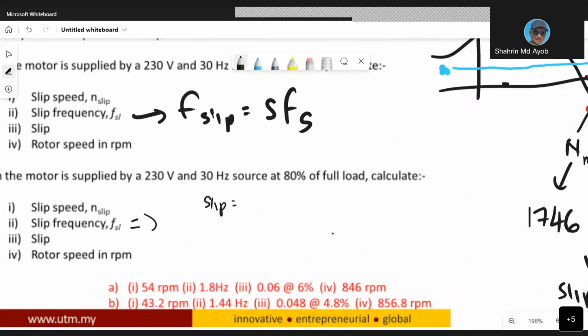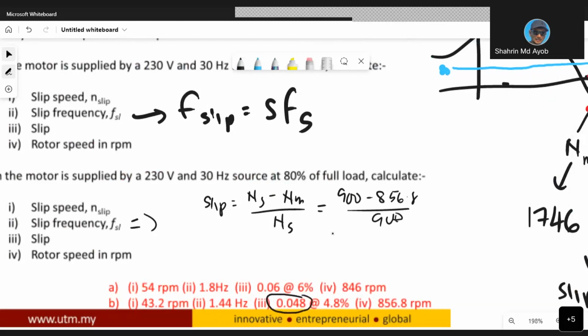You should obtain the slip first. So NS minus NM over NS, so 900 minus 856.8 over 900. So you should get your slip, which is 0.048. Okay.